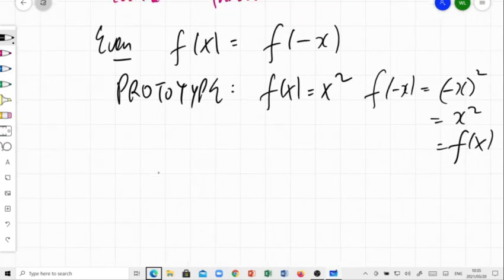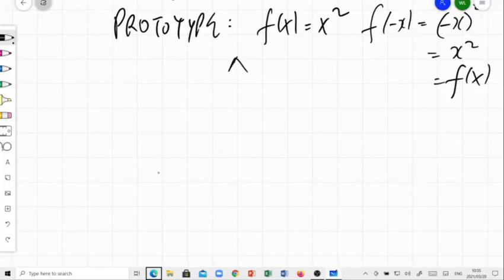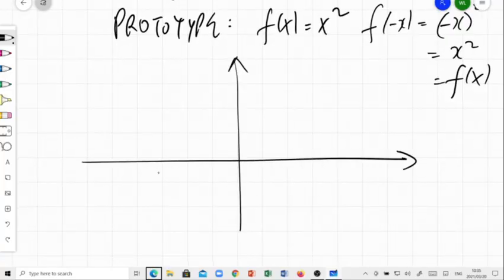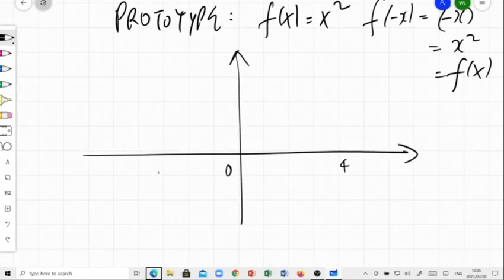Now, what makes these even functions nice is that they are symmetric about the y-axis. In other words, if I know how an even function looks between 0 and 4, like here, then I just have to reflect it across the y-axis, and then I know exactly how it behaves from -4 to 4.